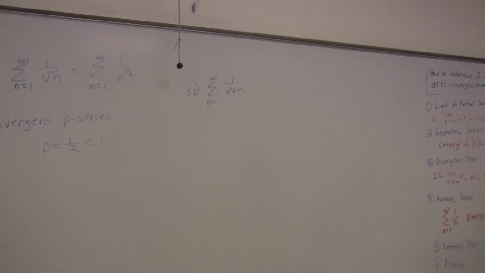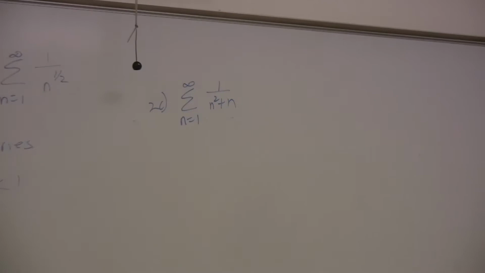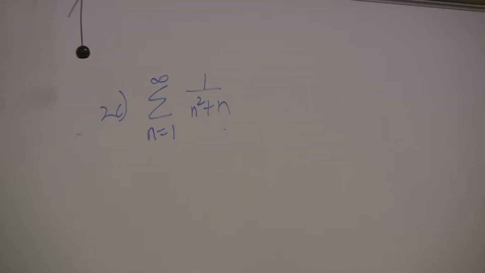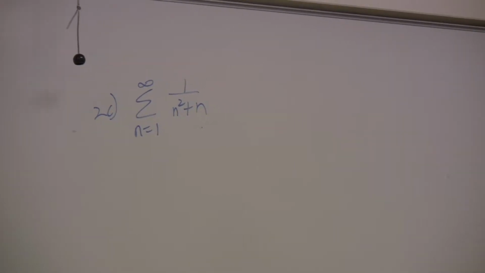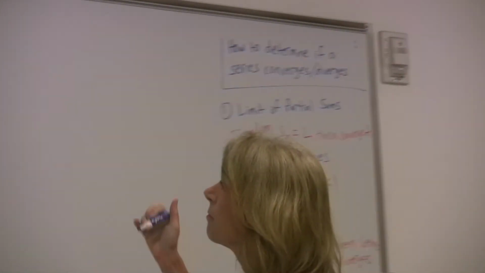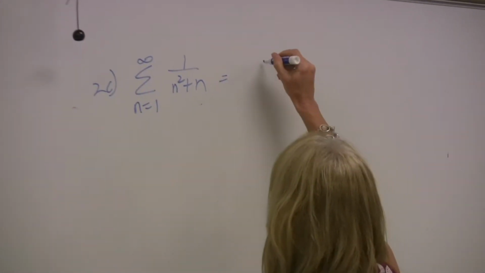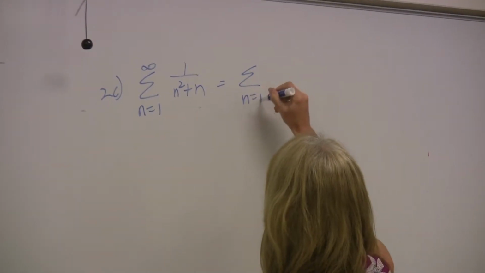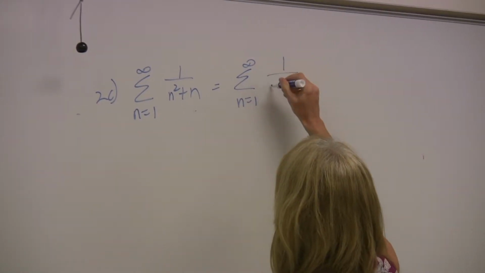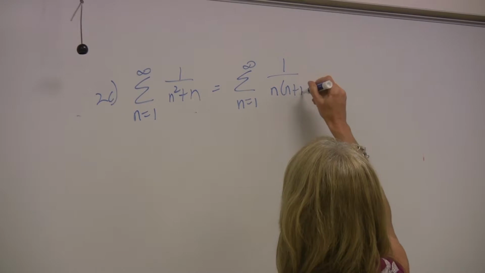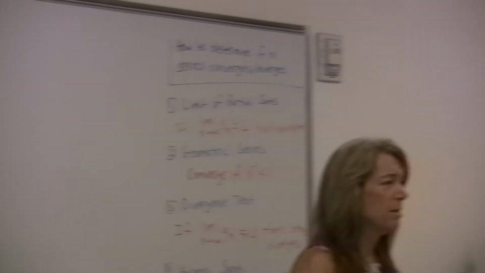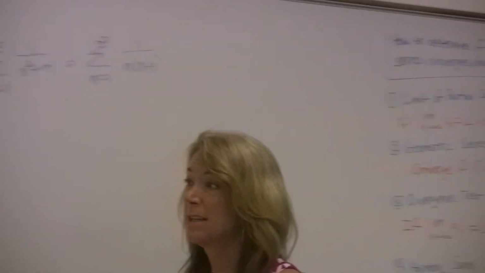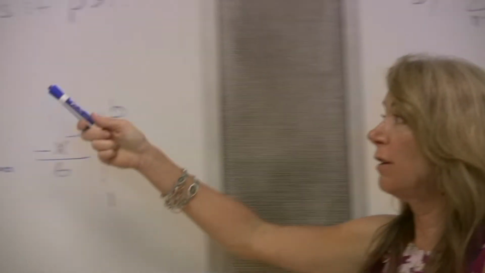It's not n to the third. If it was times n, I'd agree with you. Can you do 1 over n and then parentheses n plus 1, and then that would make p 1? So factor the denominator? Yes. Like that? Yes. So I still don't think it's a p series, because if it's a p series, I can write it as 1 over n to some power.